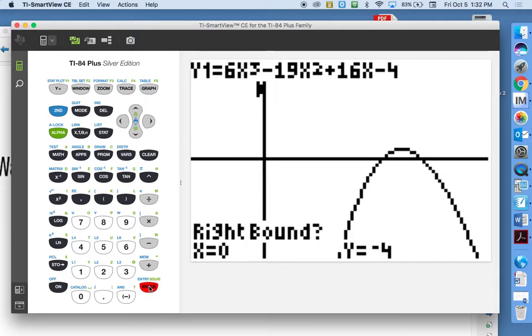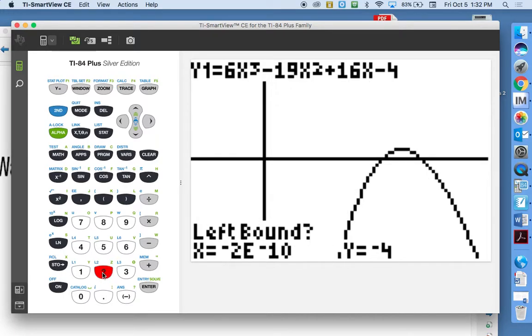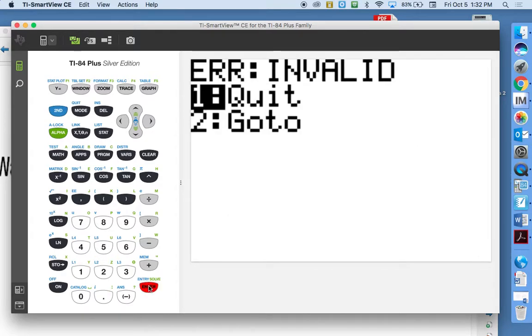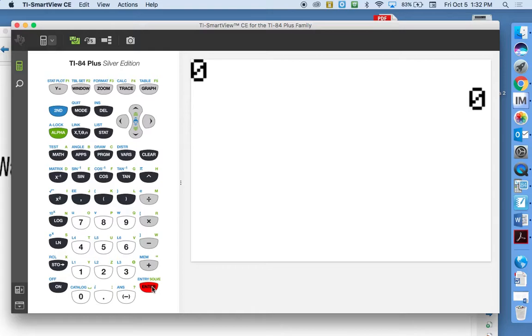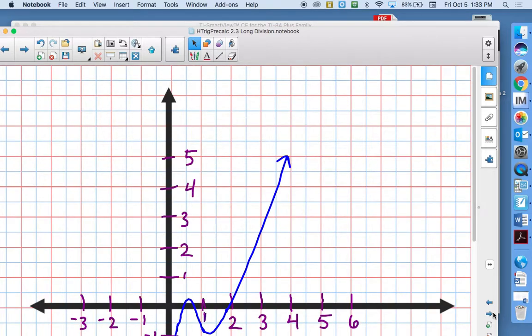I don't know why mine isn't working. Maybe I'll do 0.5 and 1. Nope. Okay, well my calculator doesn't like me today. See if you can get your calculator to work. See, doesn't like me. Doesn't like Mrs. K today. I do have a picture, I made sure to draw a picture as well.